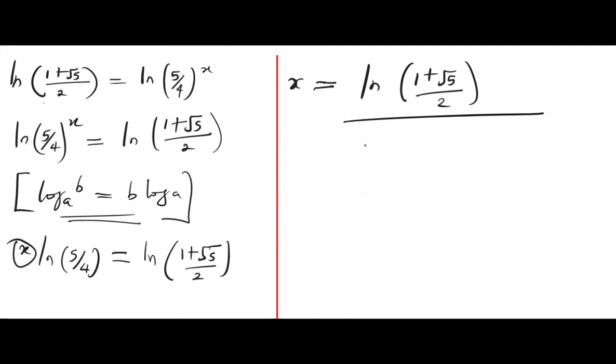If you make x the subject of the formula, you're going to have x equals natural log of 1 plus root of 5 divided by 2, all over natural log of 5 divided by 4. This becomes the final answer.